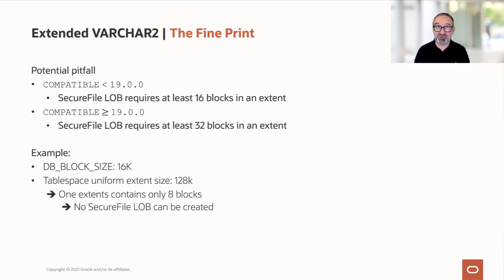There's a very simple workaround for that. Unfortunately, you can only set this when you create a tablespace. Don't set too low uniform extent sizes. Something like 128 or 256K may get you in trouble, especially in combination with a large DB block size. So be aware of that.